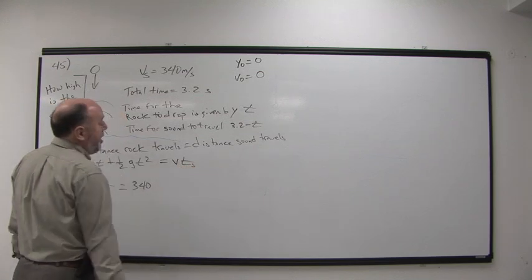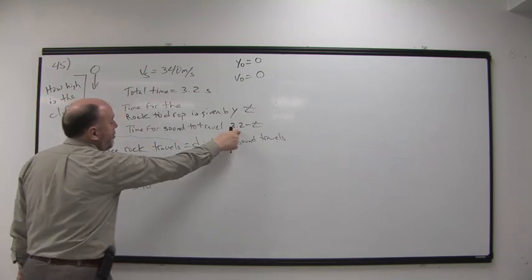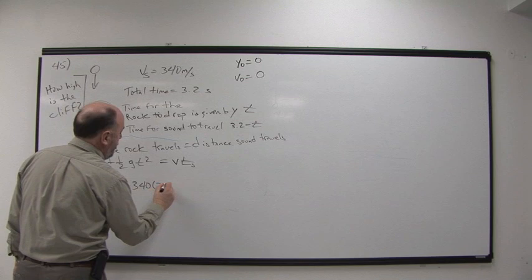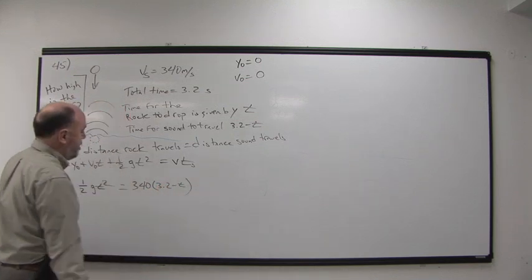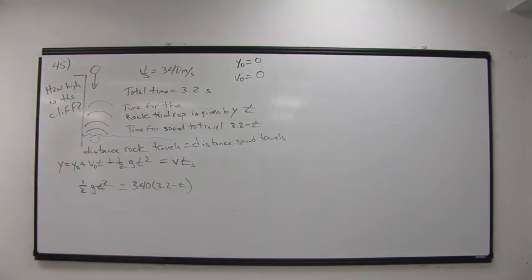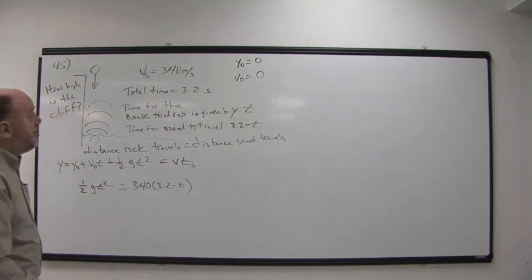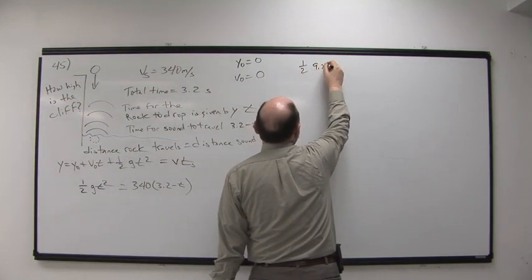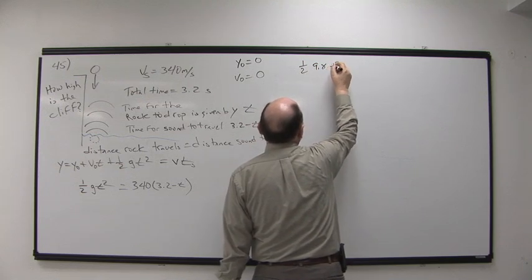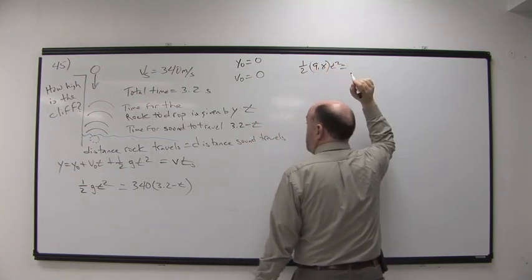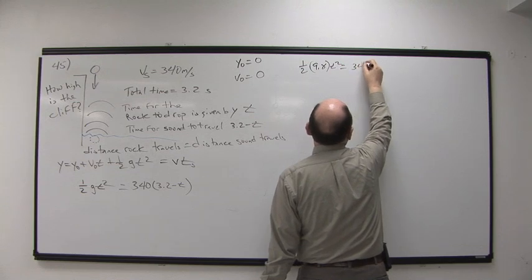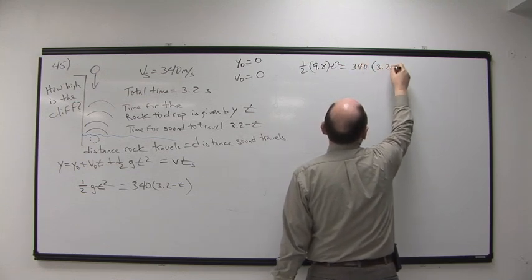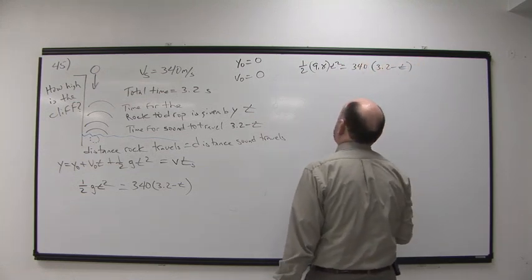But then the time for the sound to travel, we said, was given by 3.2 minus t. So we have 1/2 times 9.8 t squared equals 340 times (3.2 minus t).